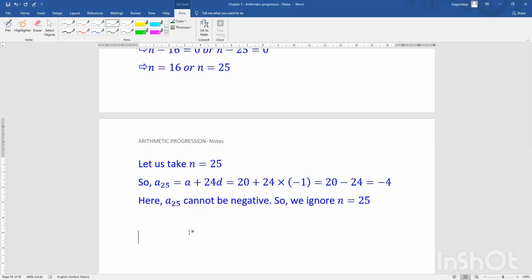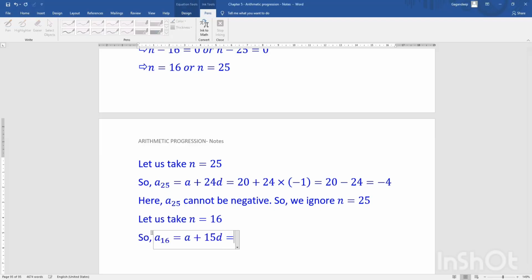My next step, I take n equals 16. If I take n equals 16, we have a16 equal to a plus 15d, which is nothing but 20 plus 15 into minus 1, which is nothing but 20 minus 15, which is equal to 5.